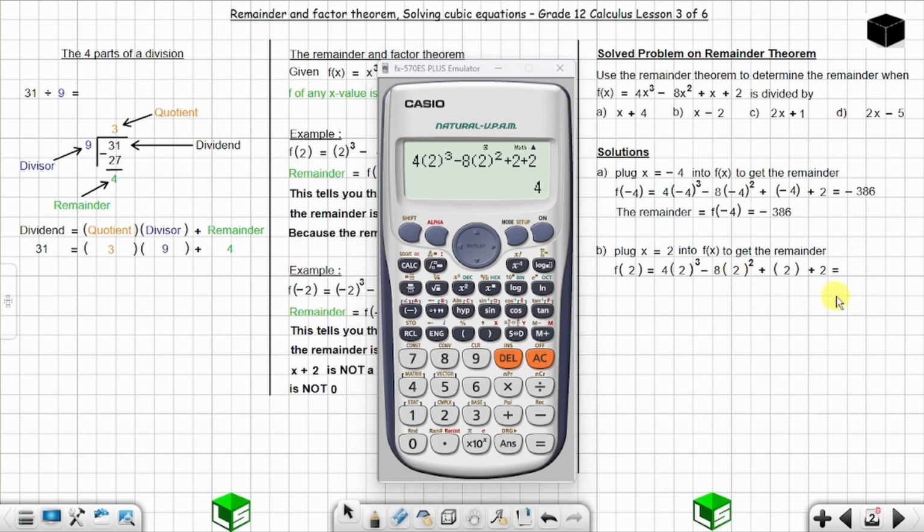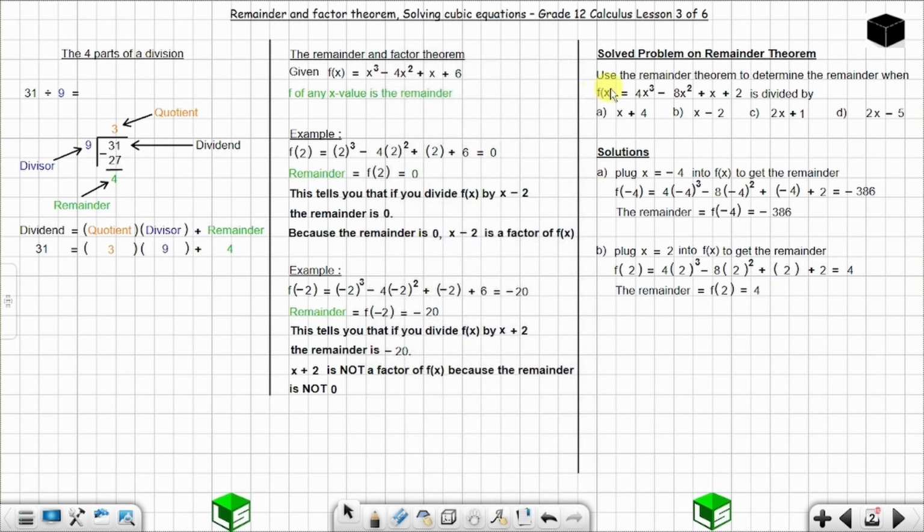This is equal to 4. So the remainder is equal to f of 2. This is equal to 4. Okay, it means if you divide this f of x by x minus 2, you are going to get 4. Okay, 4 will be what will be left over. The remainder of this divided by this is going to be 4.